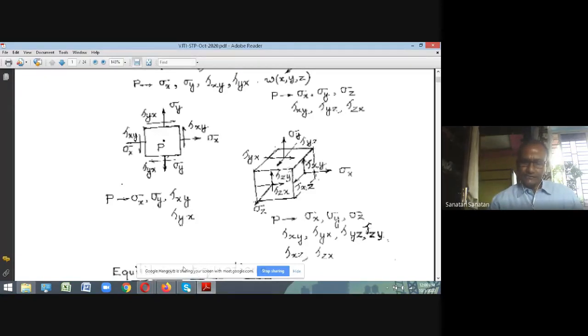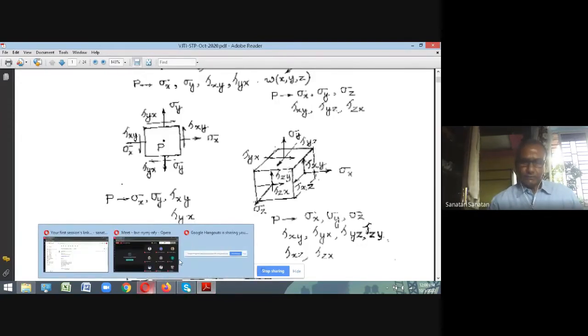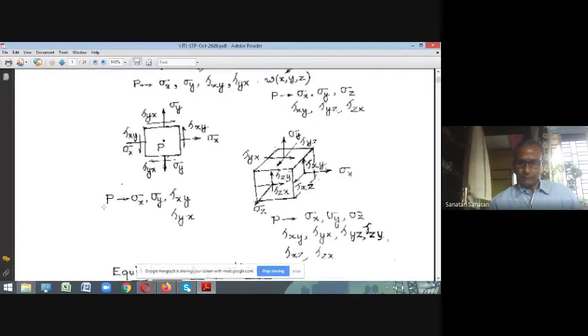Now coming to the last face, the positive z face, whose outer normal is positive z, because we have taken the z axis in this direction. The normal stress acting on the z face in the z direction is sigma zz, but in short we have indicated it as sigma z.